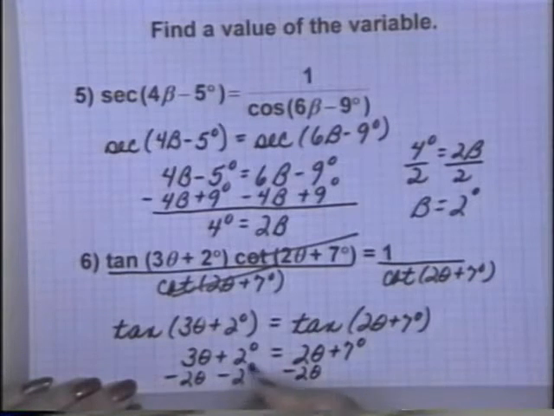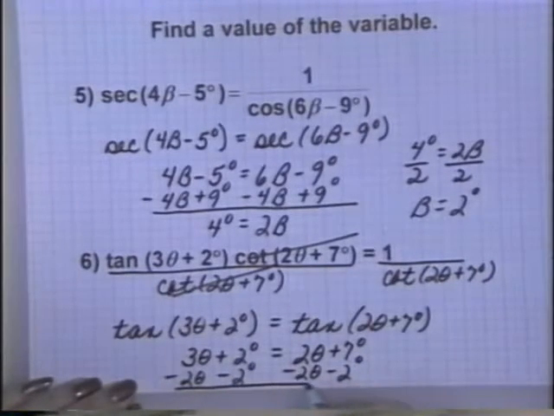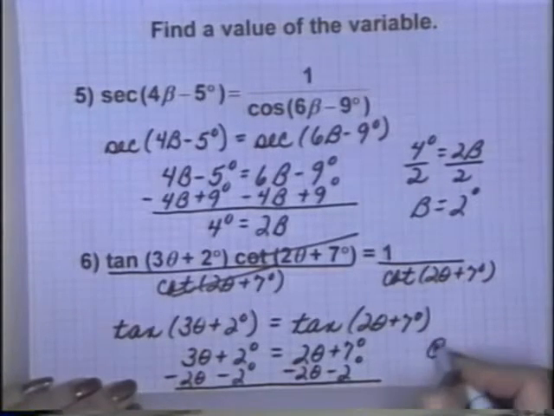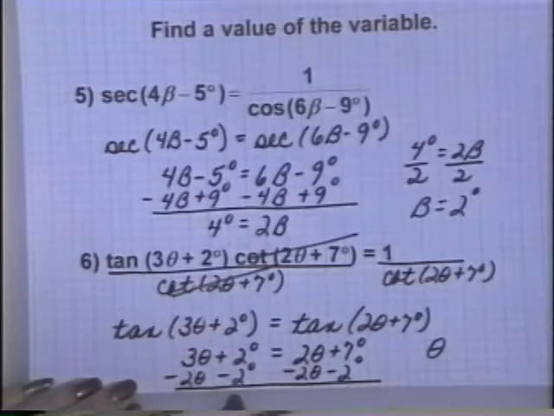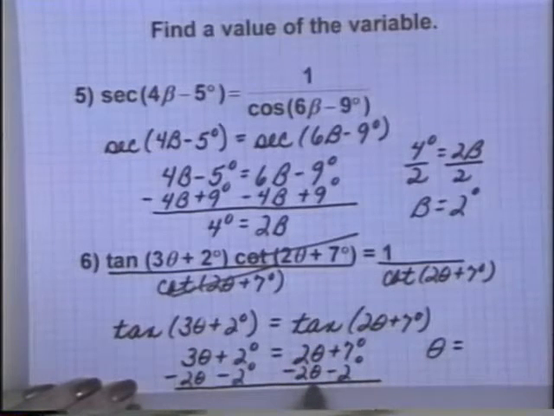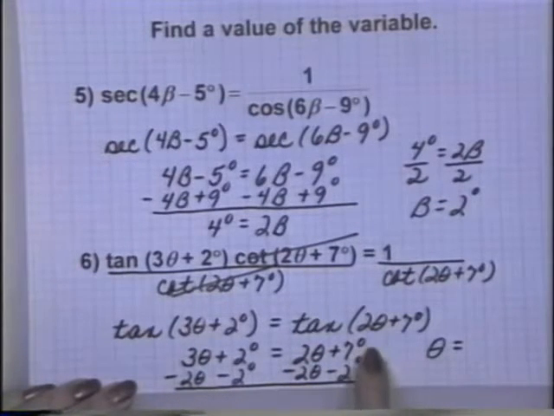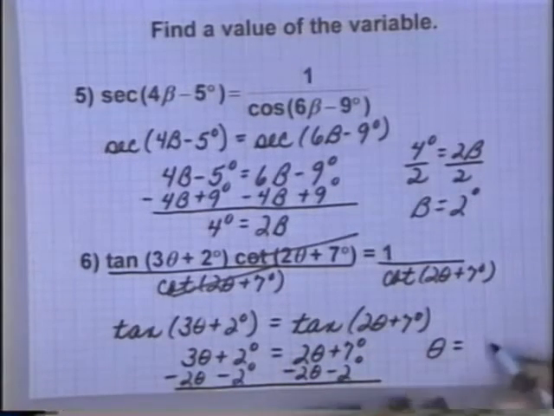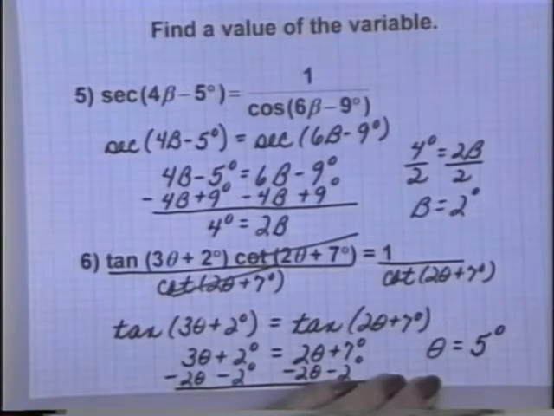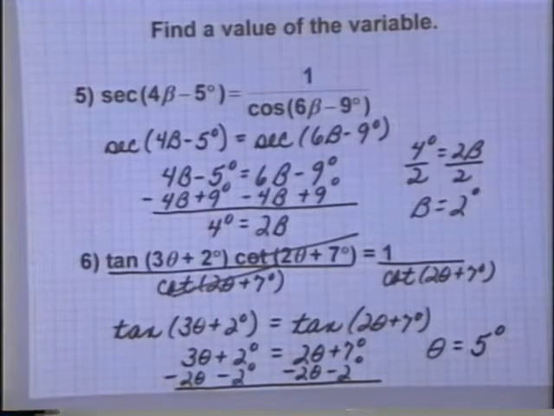I'll subtract 2 degrees from both sides. 3 theta subtract 2 theta will give me theta. 2 degrees minus 2 degrees adds to 0, 2 theta minus 2 theta adds to 0, and 7 degrees minus 2 degrees gives me 5 degrees. So my theta in this case is 5 degrees.